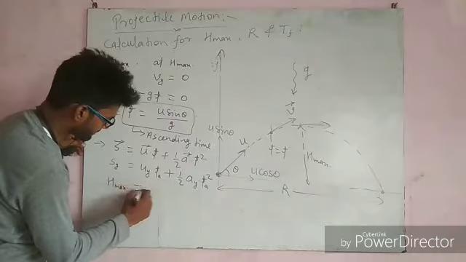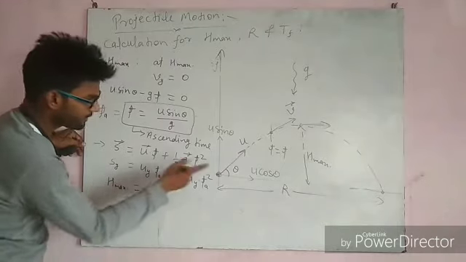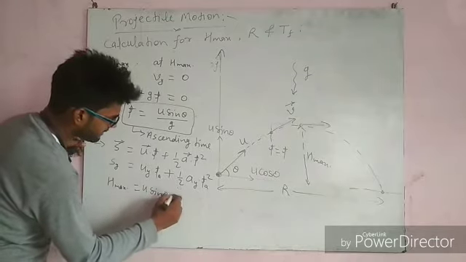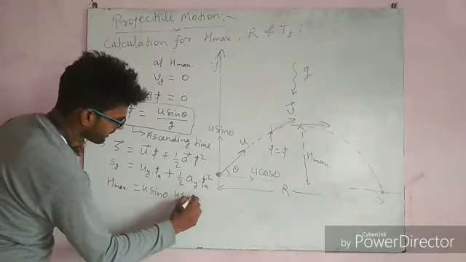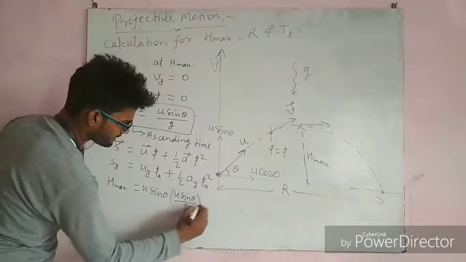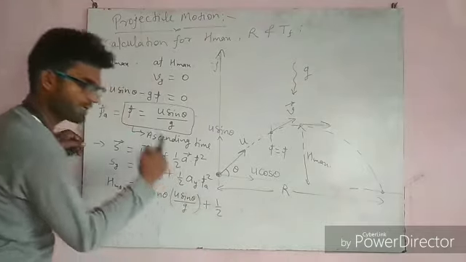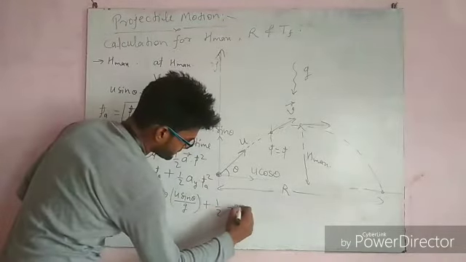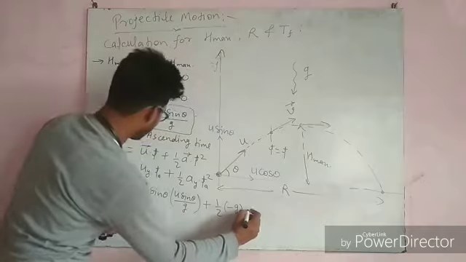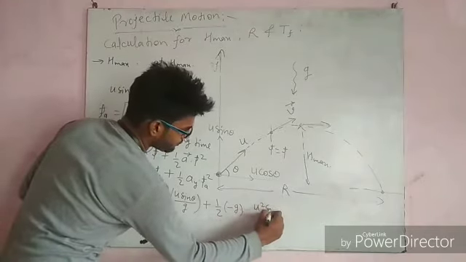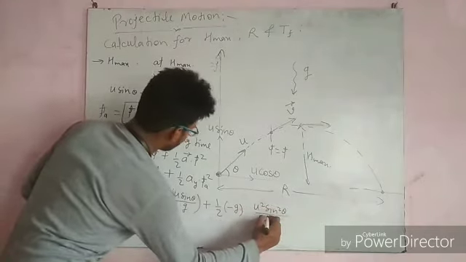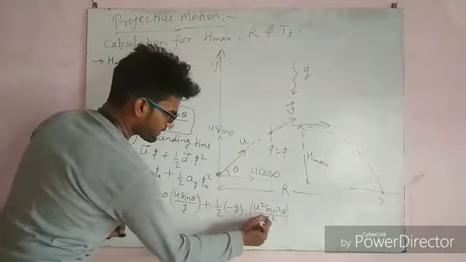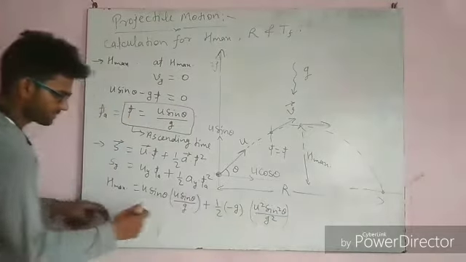and uy equal to u sin theta, and what is ta? u sin theta by g, right? So u sin theta by g plus half the y component of acceleration, that I have written there, that is minus g, and t square, that means u square sin square theta divided by g square. So g will be cancelled out, one g will remain here, right?